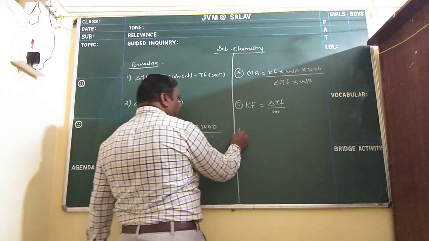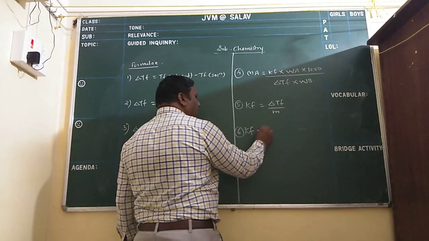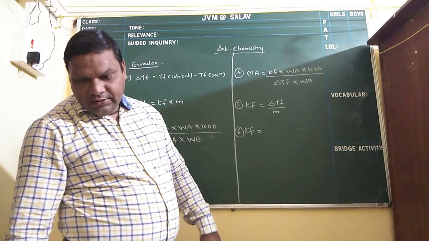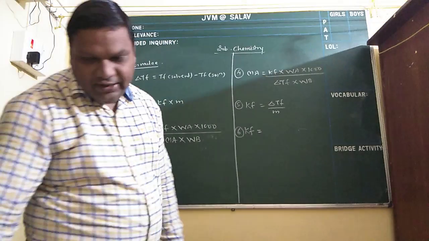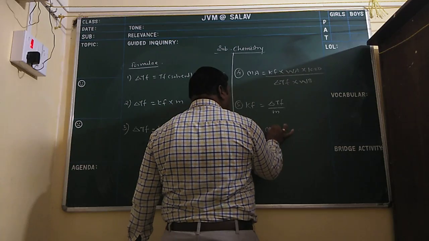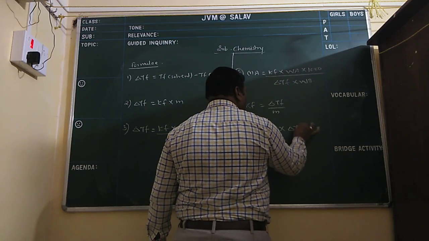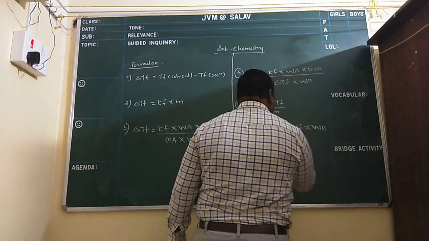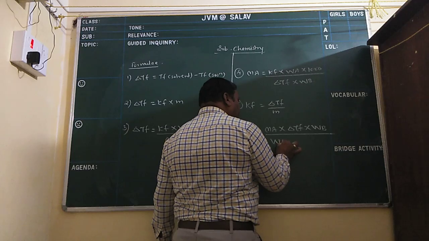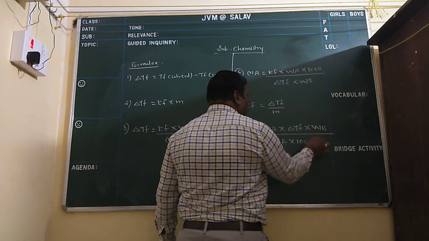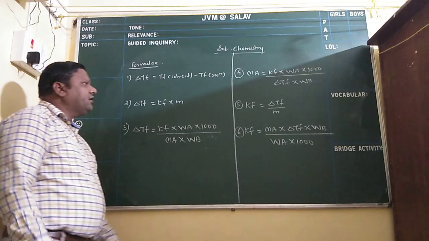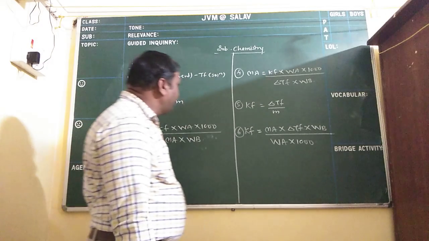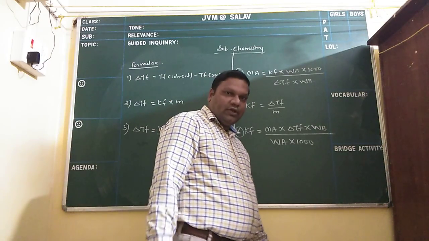Number 6, Kf is equal to MA into del TF into WB upon WA into 1000. So these are the different formulas related to the depression of freezing point. Understood? So thank you so much.